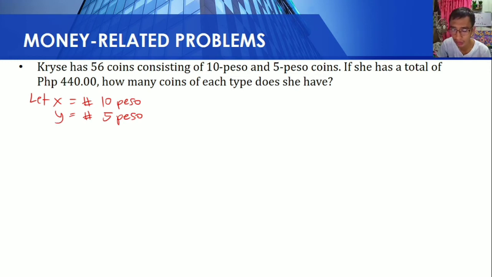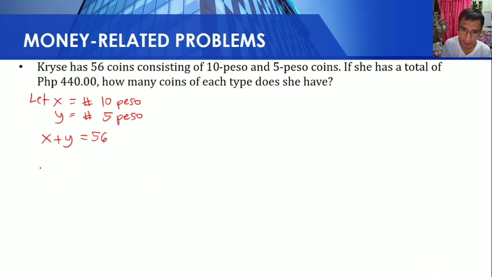So Chris has 56 coins consisting of 10 peso and 5 peso coins. So x plus y, yung total daw nun, x plus y consists of 56 coins. So 56. If she has a total of 440, how many coins of each type does she have? So yung total daw nun is 440.